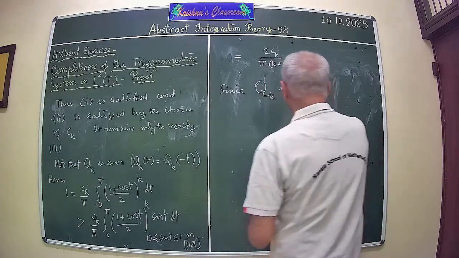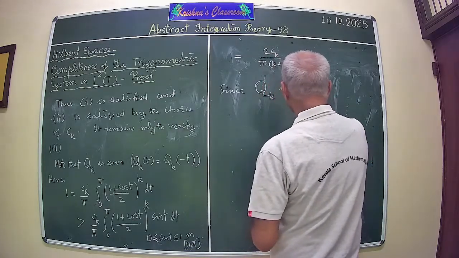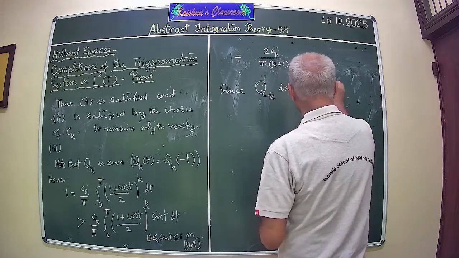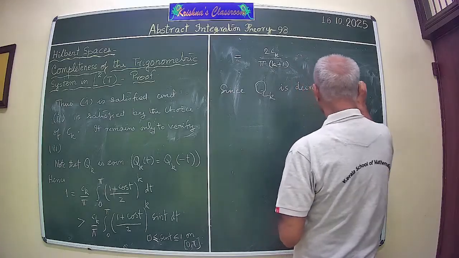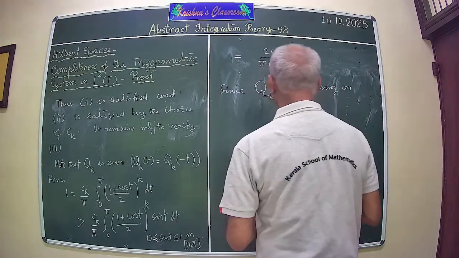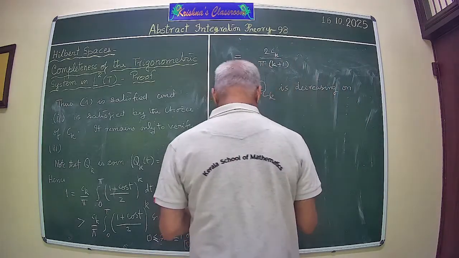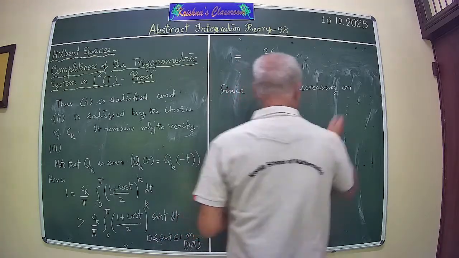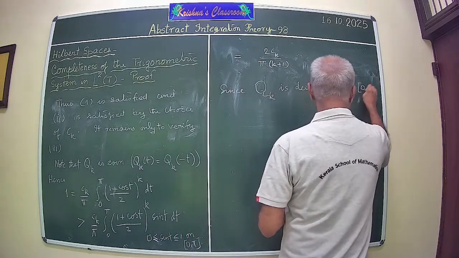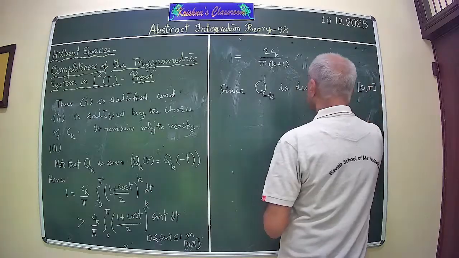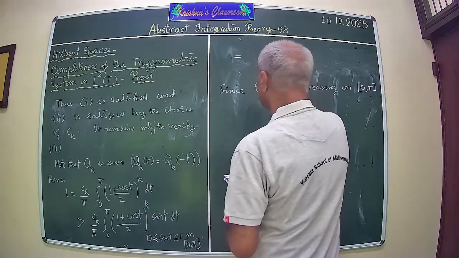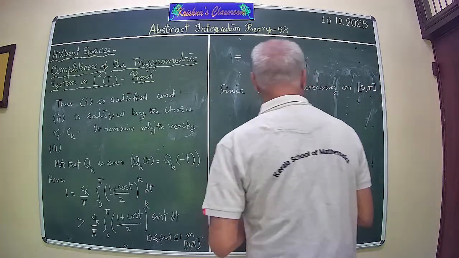Decreasing on 0 to pi as k increases, because this term would start lowering its value.